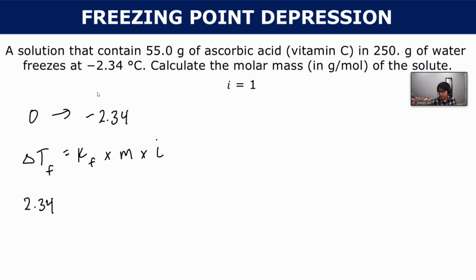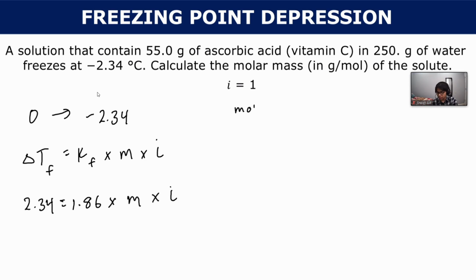But remember, what delta Tf means is change in Tf. And since we know it's freezing point depression, the number is going to be positive, right? So we know 2.34, and Kf of water is 1.86 times the molality times i. And so what we really need to calculate here is the molality.